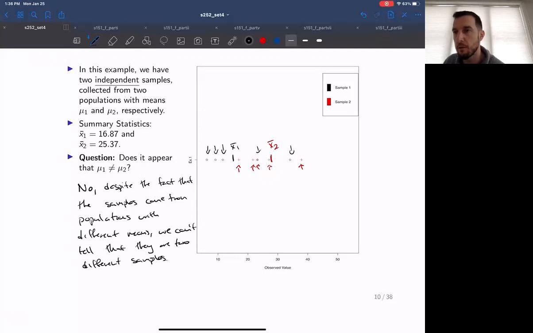Then it would just look like one line of observations that exist together, right?